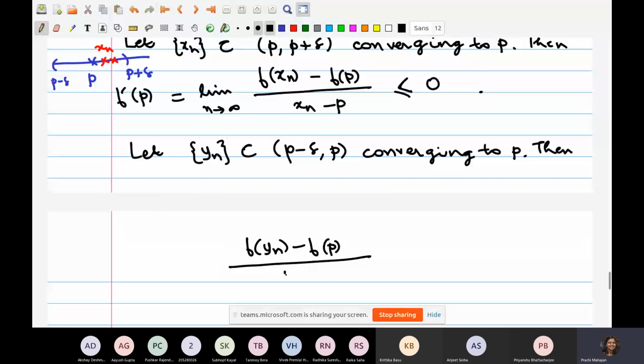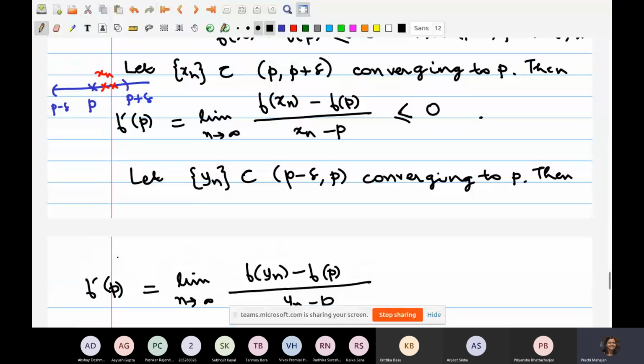Now this limit as n tends to infinity, since f is differentiable, exists and equals the derivative of f at the point p. However, what can I say about this limit? The numerator is always negative. Why? Because f has a local maximum at the point p by assumption.